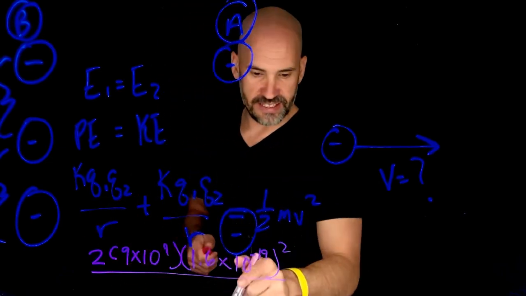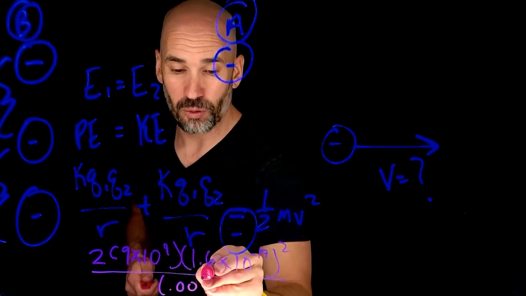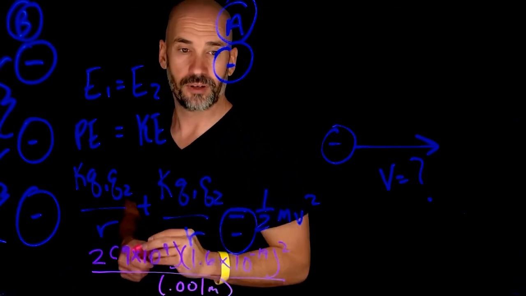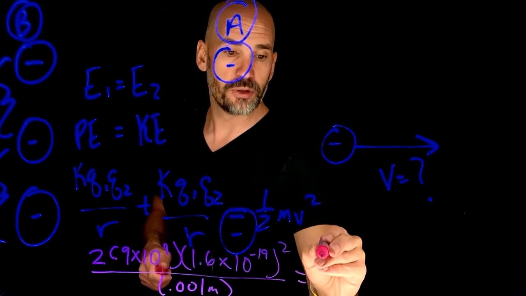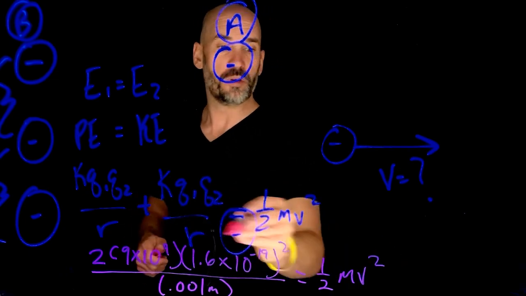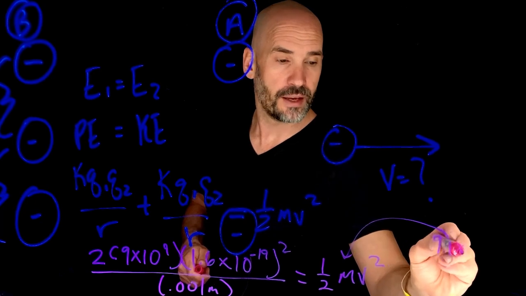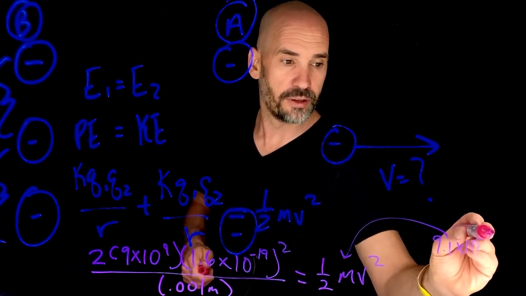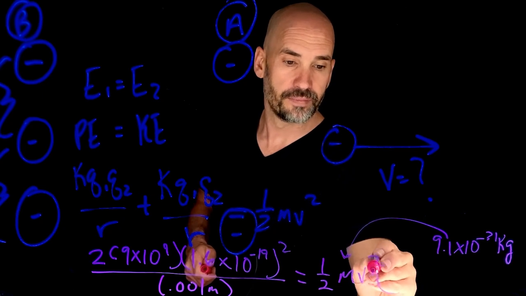It tells us the distance between them is 1 millimeter, so that's just 0.001 meters. All this potential energy turns into kinetic energy over here. We just need to put in, for m, 9.1 times 10 to the minus 31 kilograms. And then we solve for v.